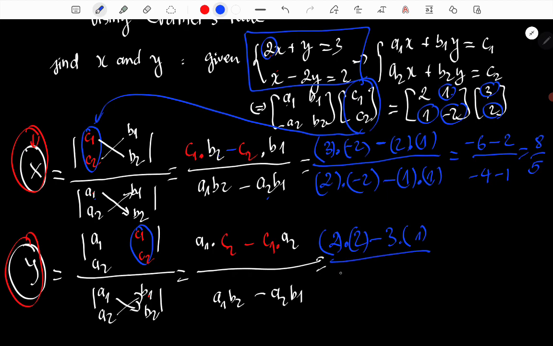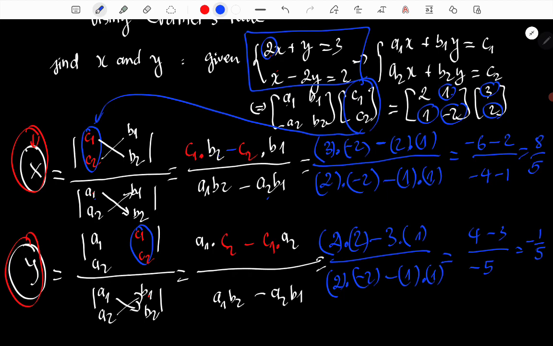Right, and then a1 is 2 times b2 is negative 2, minus a2 is 1 times b1 is also 1, so we have 4 minus 3 over negative 5, as I said. And so we're gonna have negative 1/5.